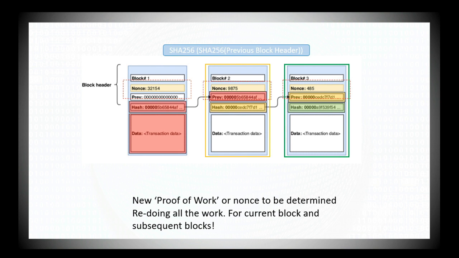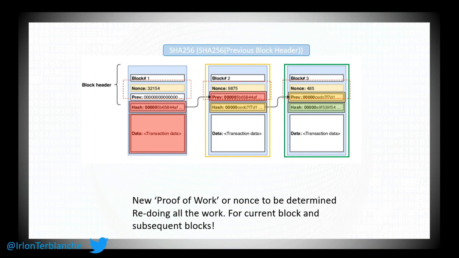Not only do they have to find the nonce for their dishonest block first, they need to be first in determining the nonce for the second, third, fourth, fifth blocks thereafter to convince the network that their chain is valid. Recall earlier we said that the network will trust and defer to the longest chain, the chain that has had the most amount of work put into creating it.